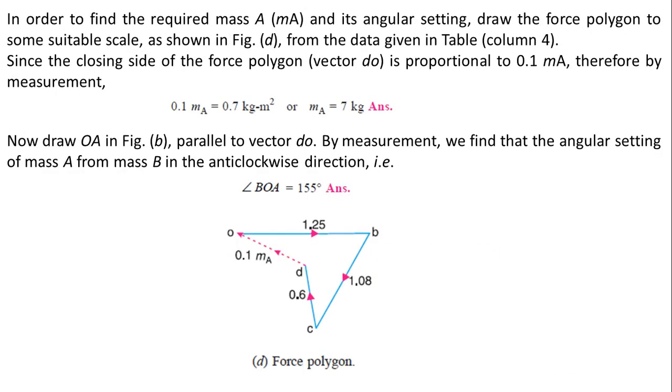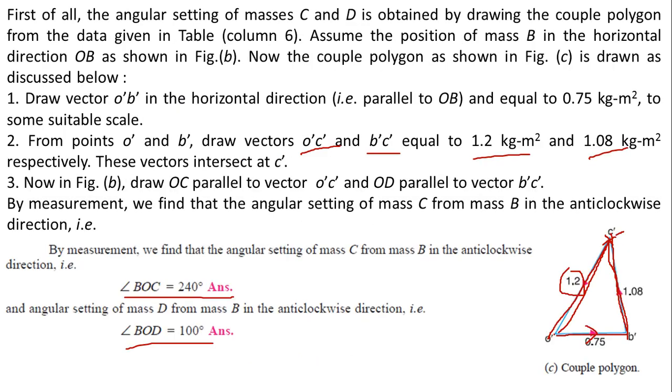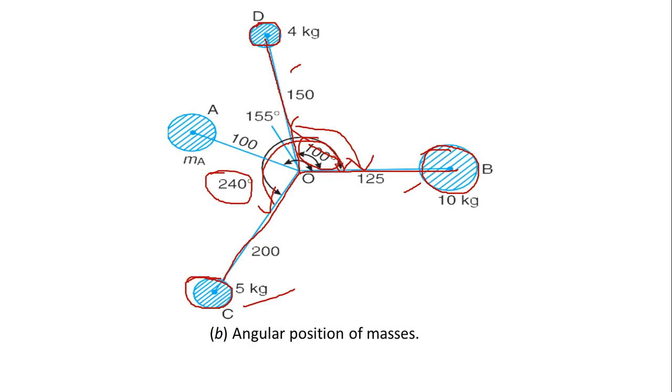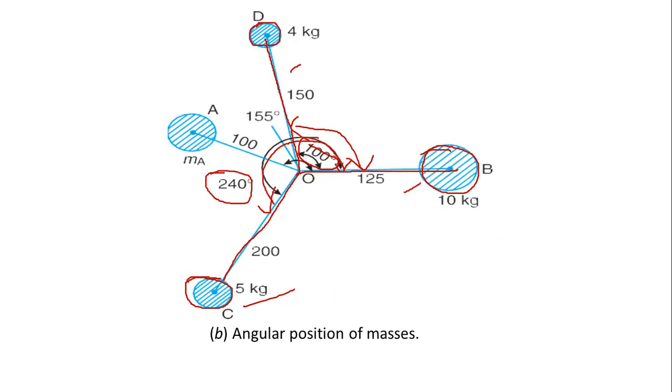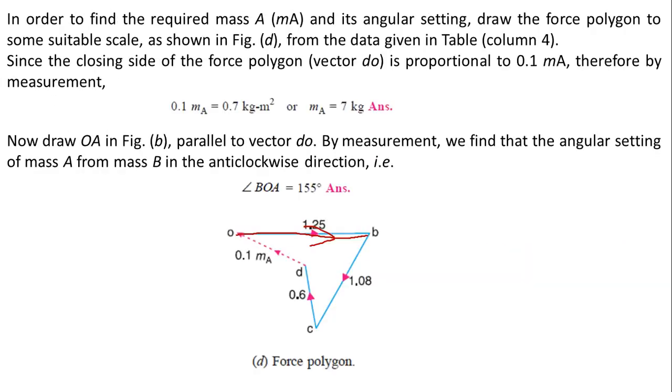Angular positions are already known to you, so you can draw it now. In the table, take column number 4 and draw this force polygon. First it is O to B, let us take it as angle 0 degree only, 1.25 is the unit. Already you know the angles now, this is 0 degree, and now parallel to C here, just take parallel to this and draw the vector here.